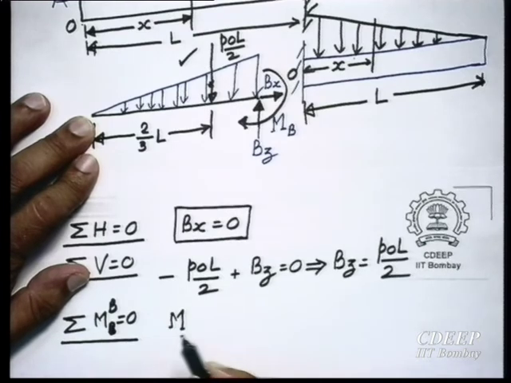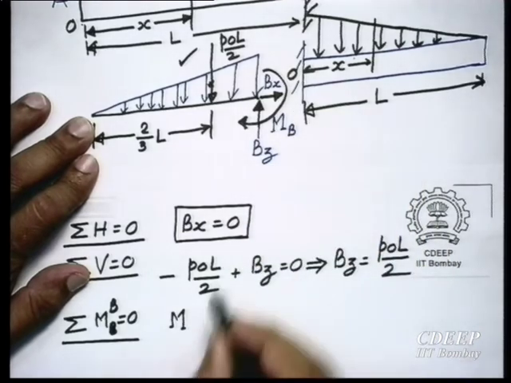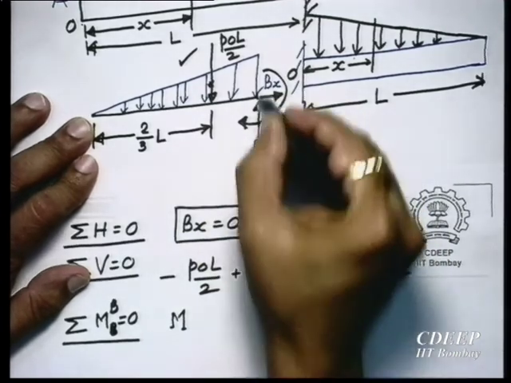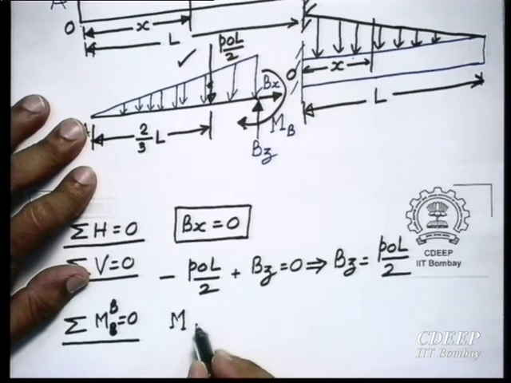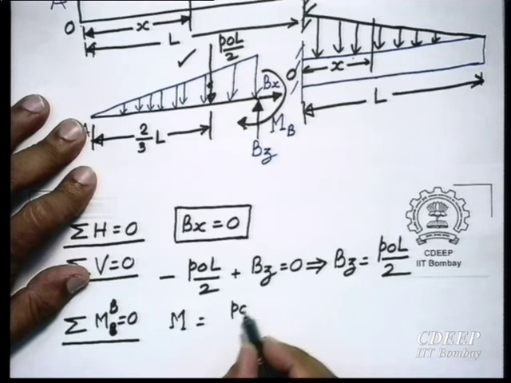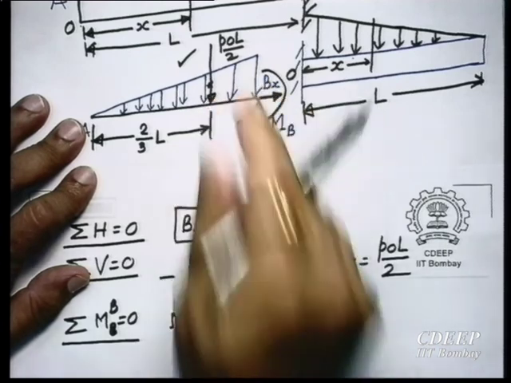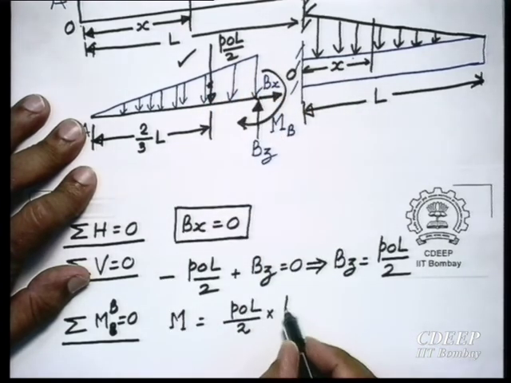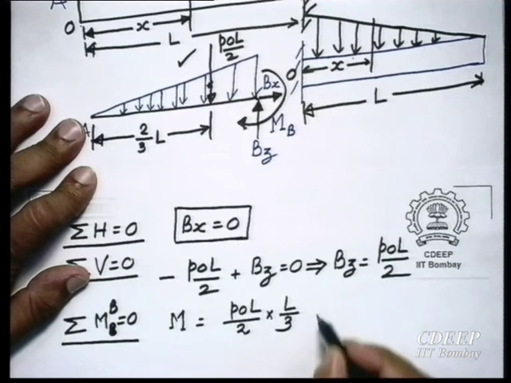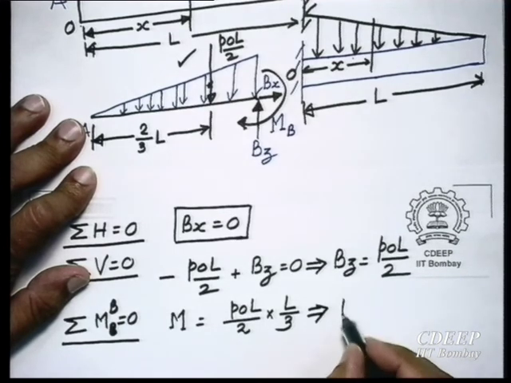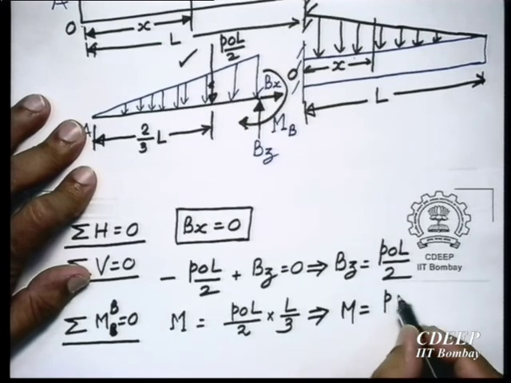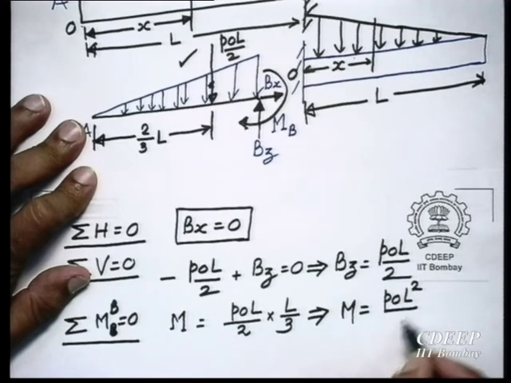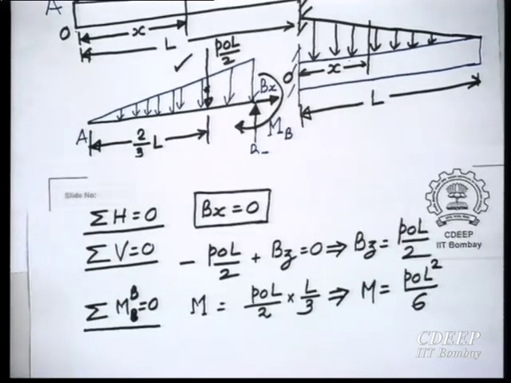You get M, let us write simply M, positive M. M is equal to, or minus M is equal to, P naught L by 2 into this distance, into L by 3. So, that gives me M equal to P naught L square by 6.